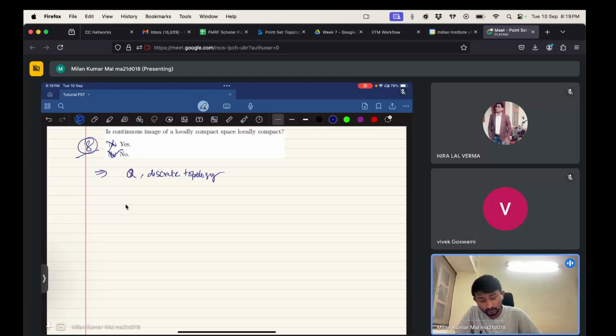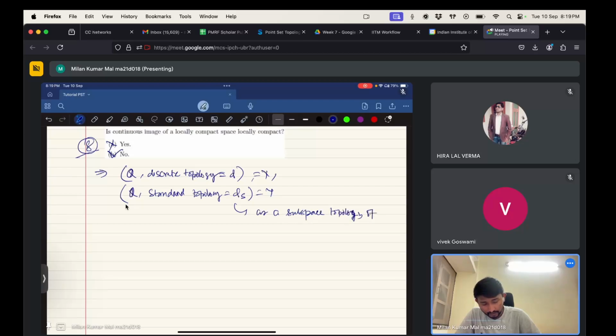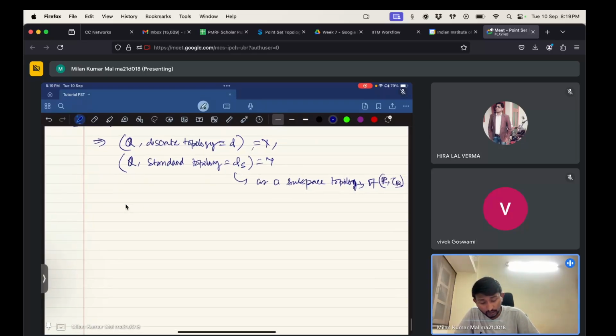Take this as the space X, and take Q with the standard topology, which is the subspace topology of the real numbers, as the space Y. Now consider f equal to the identity map from X to Y, where X has the discrete topology and Y has the standard topology.